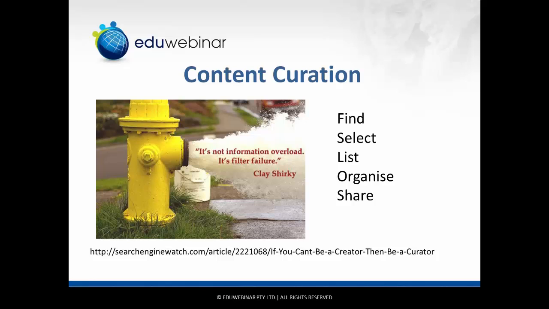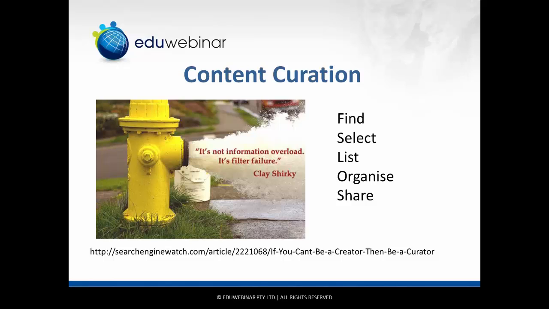Content curation is that filtering aspect because it allows you, particularly in an educational context, to find the appropriate material that you want, to select that, and then to get it into lists to be able to share either with staff or with students. And basically you can then organise that either through topics or through learning areas, and then share that with the staff.